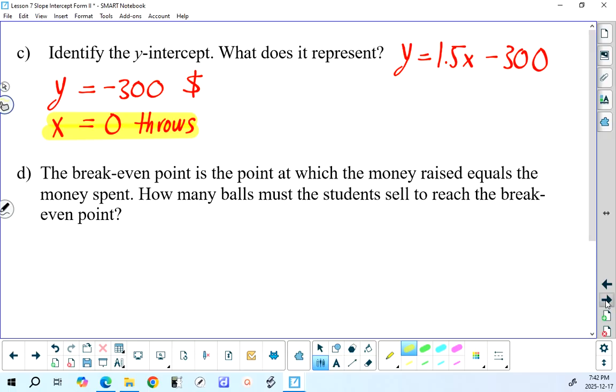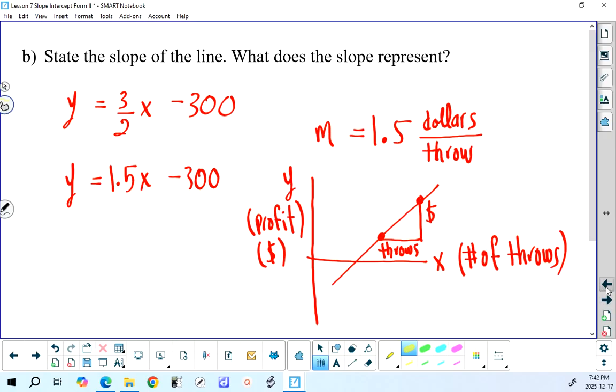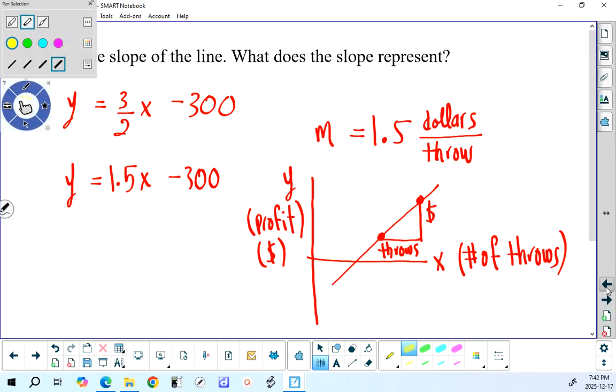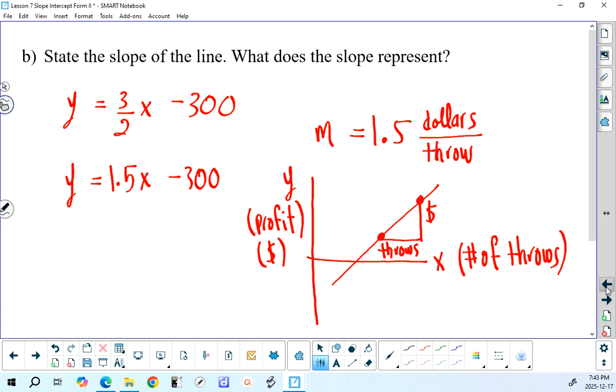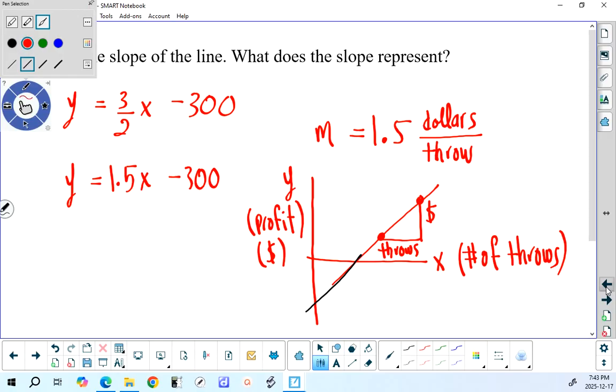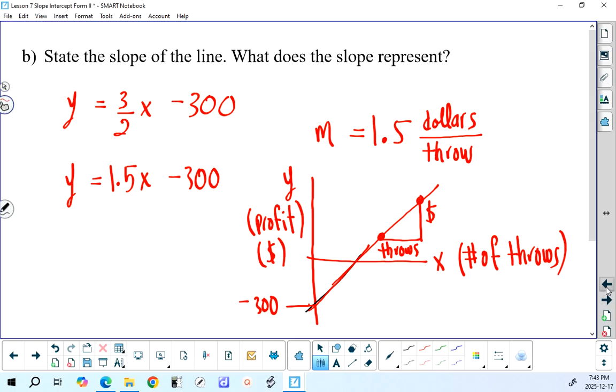If there were no throws and the y value is negative 300, I'm going to go back to the graph now, that means that this line crosses the y-axis at negative 300. This is negative $300. So what it represents is how much money they would lose if they did not sell any tickets or any throws.